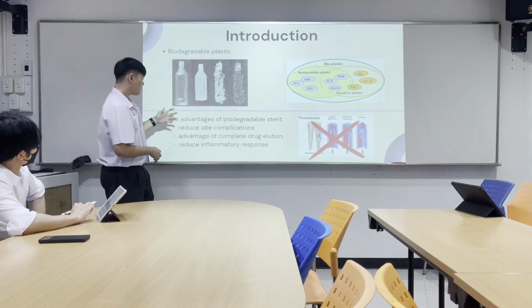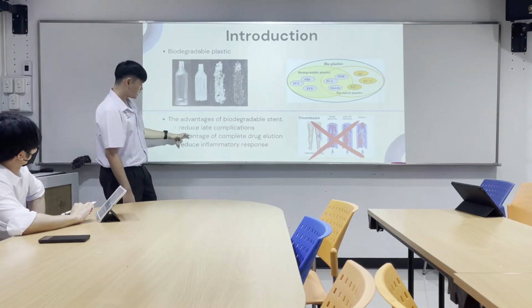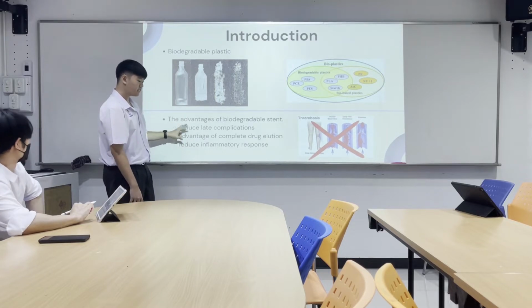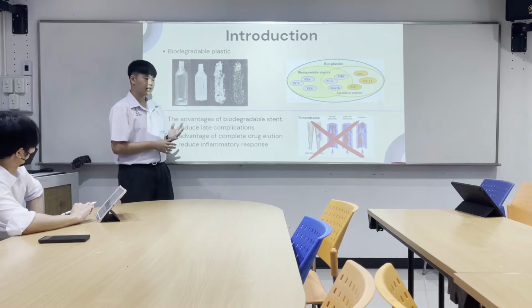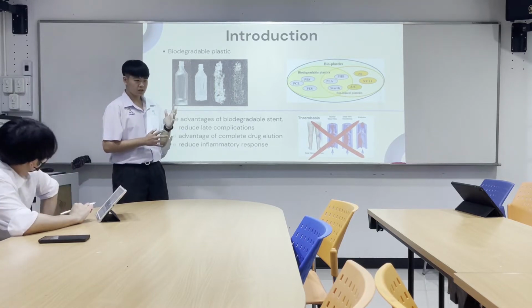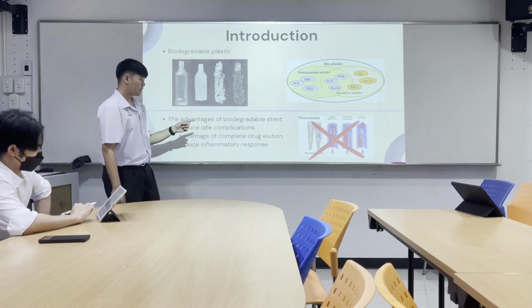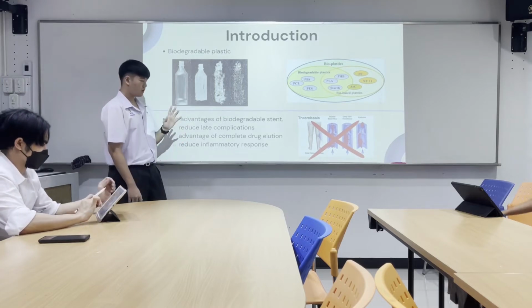And even though you can see that it has some advantages, these are just some of them. Some research studies even discuss that biodegradable stents can replace the permanent ones.